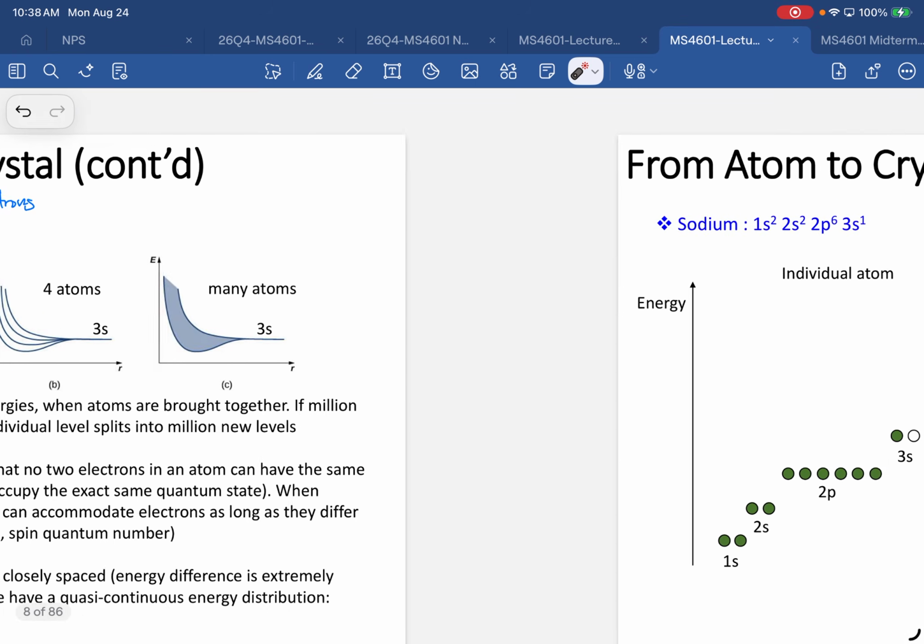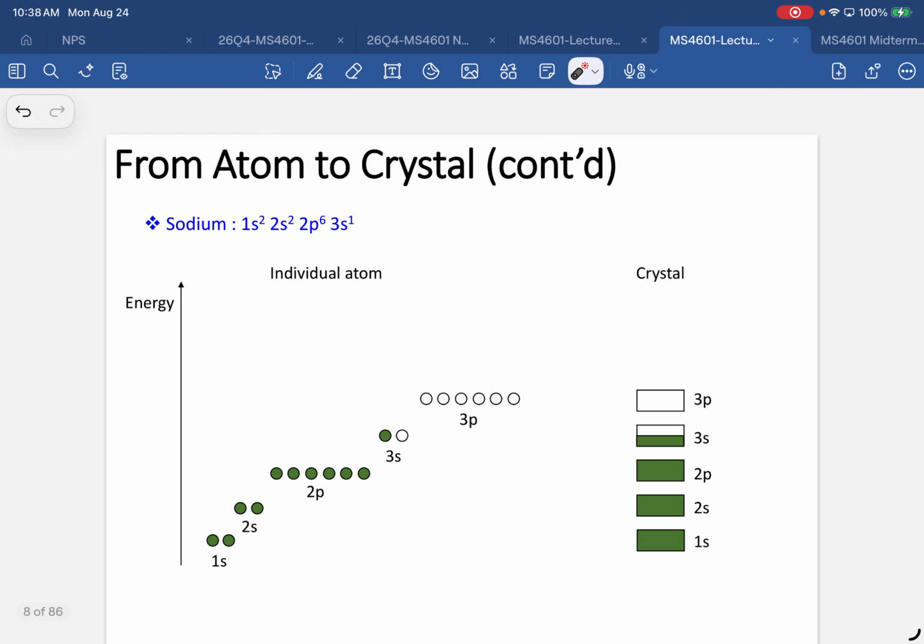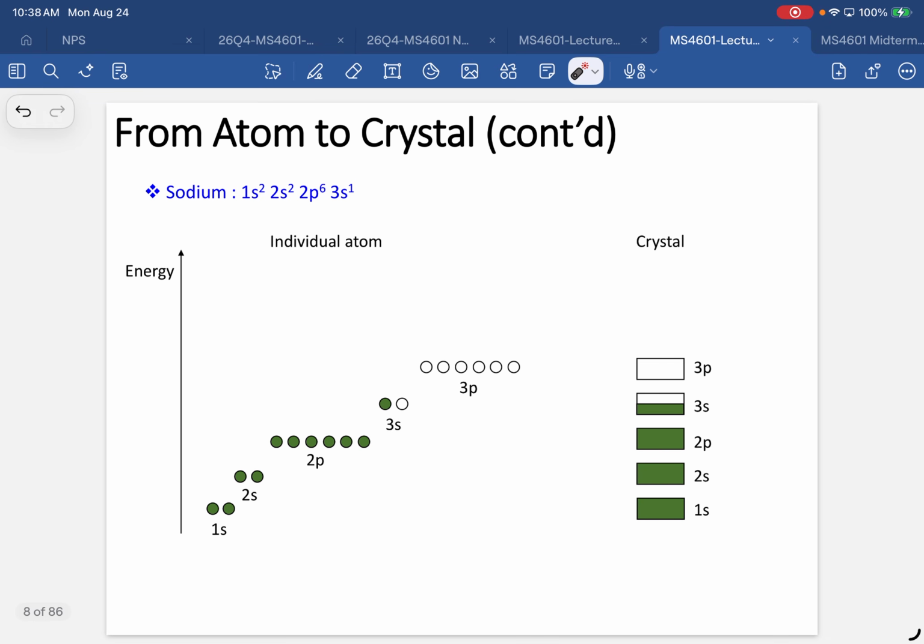So with that, let us visually demonstrate here. For an individual atom, we have discretized energy levels, right? The fixed energy, and then 1s has 2 parking spaces, 2s has 2 parking spaces, 2p has 6 parking spaces, and 3s has 2 parking spaces, right?